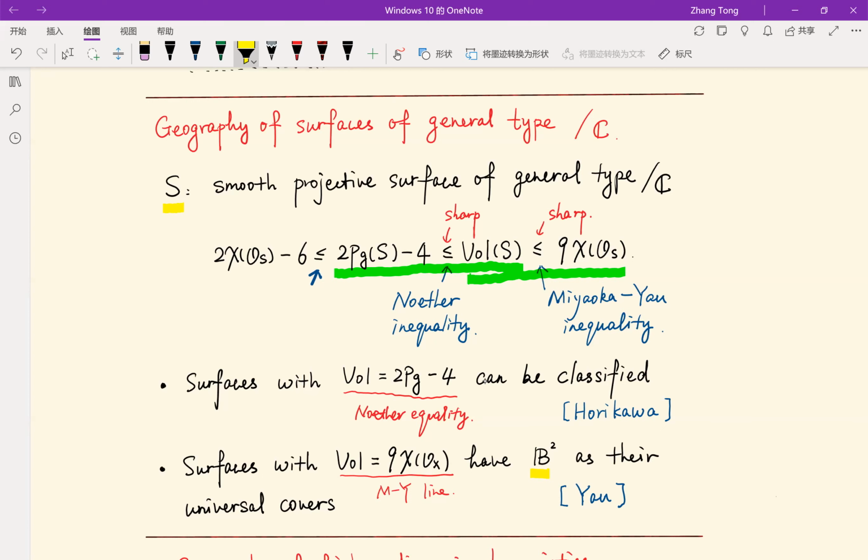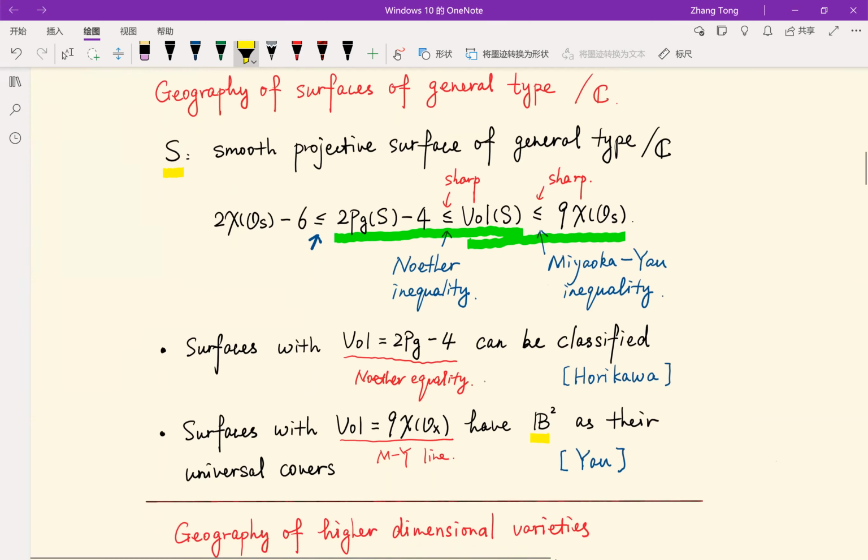But I think it's not so easy to classify everything. Okay, so this is something about the geography of surfaces of general type. I think some of you may know more than me. Okay, so that's this part.